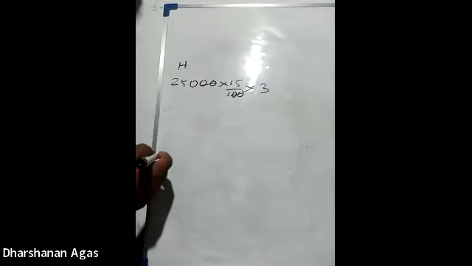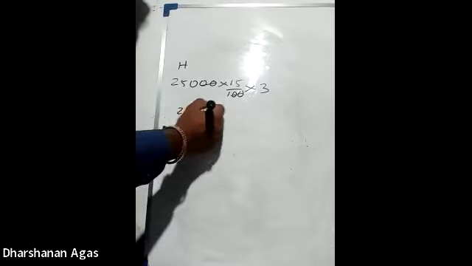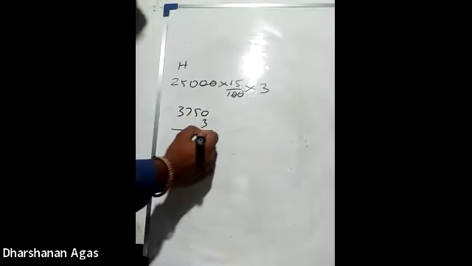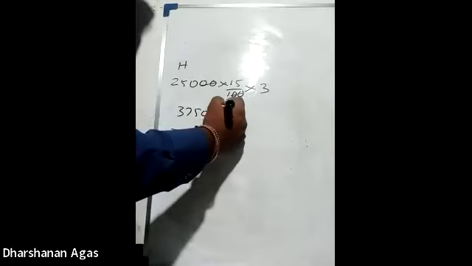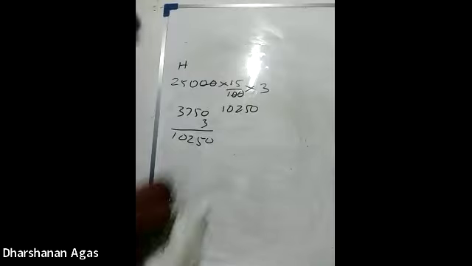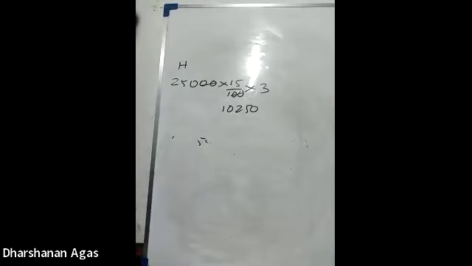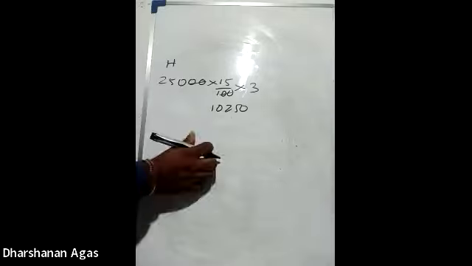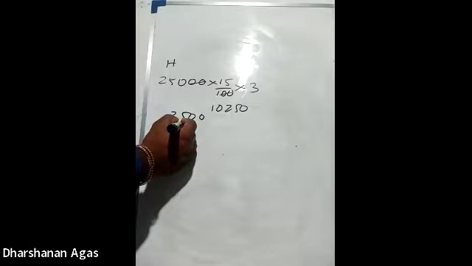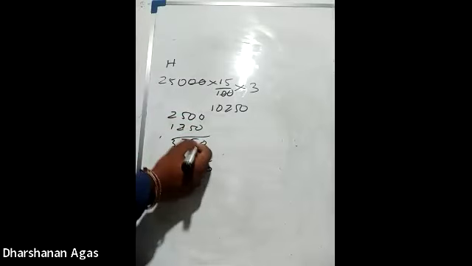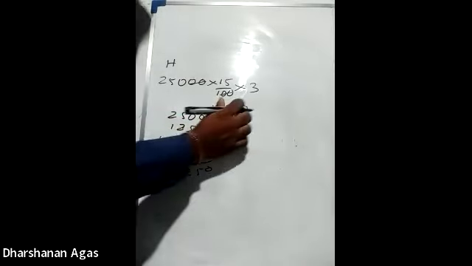Multiply 250 by 15 and 3. 250 times 15 means 2,500, then 1,250. Interest is 11,250.